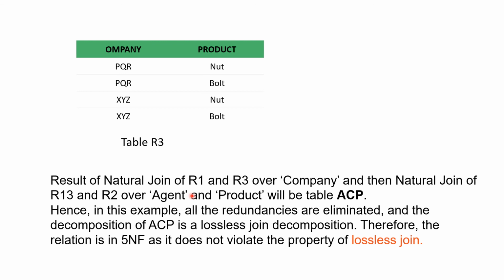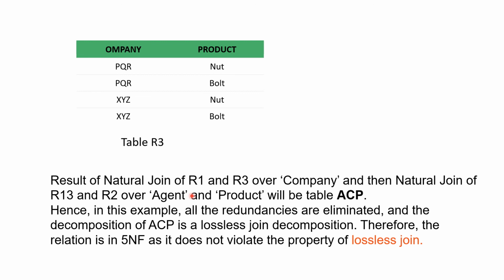So the result is the natural join of R1 and R3 over company. Firstly, R1 and R3 are joined over company name because it is the same. Then the natural join of R13 and R2, since R1 and R3 are combined, over agent and product will give table ACP.